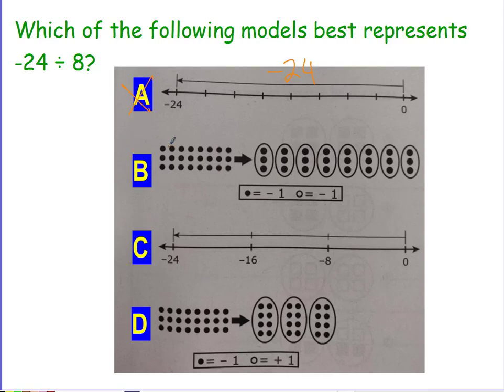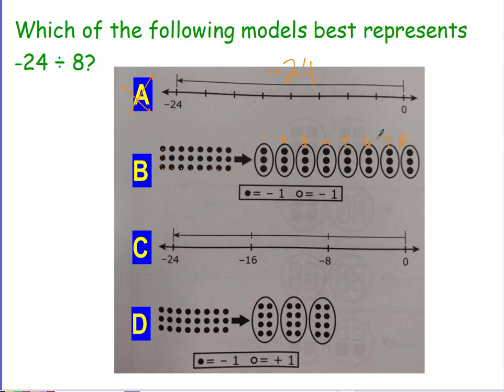Okay, let's look at B. Negative 24. Do I have negative 24? Let's count. 1, 2, 3. 1, 2, 3, 4, 5, 6, 7, 8. 8 times 3 equals 24. So yes, I do have negative 24. How many groups do I have? 1, 2, 3, 4, 5, 6, 7, 8. I have 8 groups.